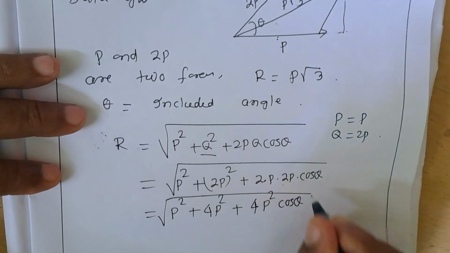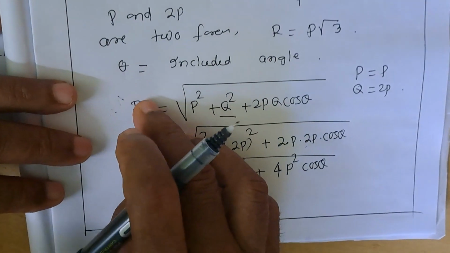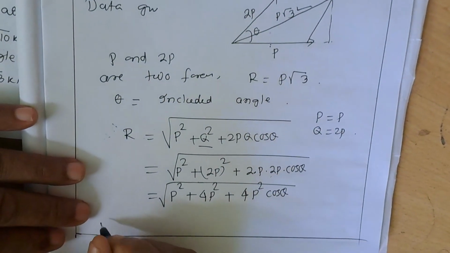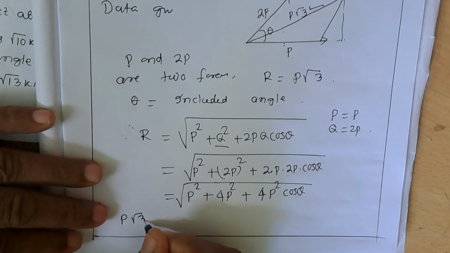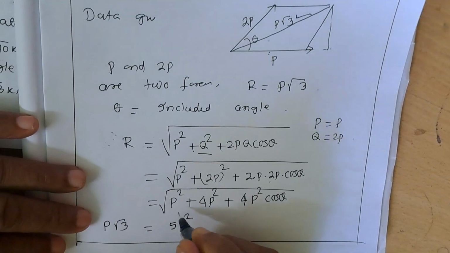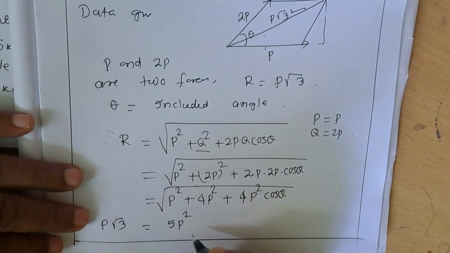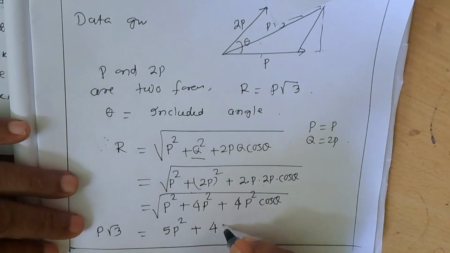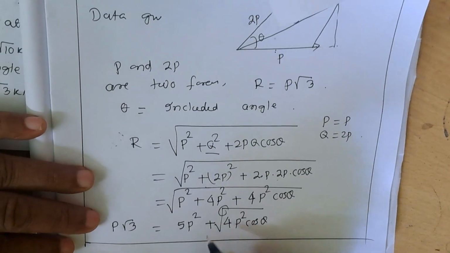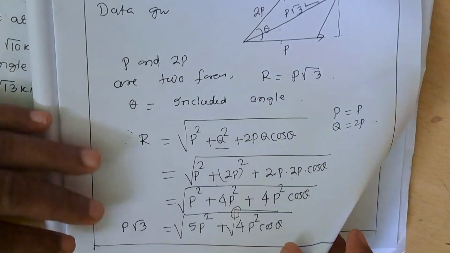But R is equal to P root 3. Therefore, putting these values, P root 3 is equal to root over 5P square, because P square plus 4P square is equal to 5P square, plus 4P square cos theta.